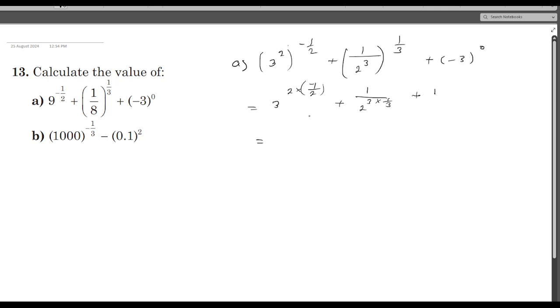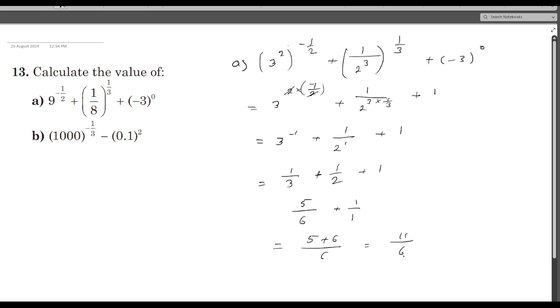So here this 2 will cancel, 3 power minus 1 plus here 1 upon 2 power plus 1, and plus I have 1. Now 3 power minus 1 is 1 upon 3, plus this is 1 upon 2, and plus this is 1. So 1 upon 3 plus 1 upon 2 is 2 plus 3, which is 5 upon 6, plus 1. So 1 I can write as 1 upon 1. And then again I will say that this is 5 plus 6 whole divided by 6 is equals to 11 divided by 6.